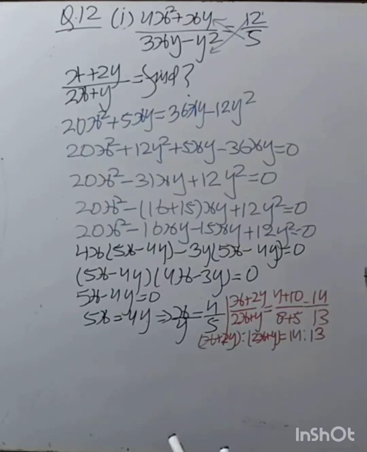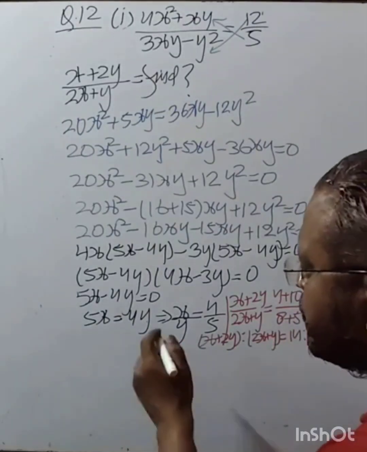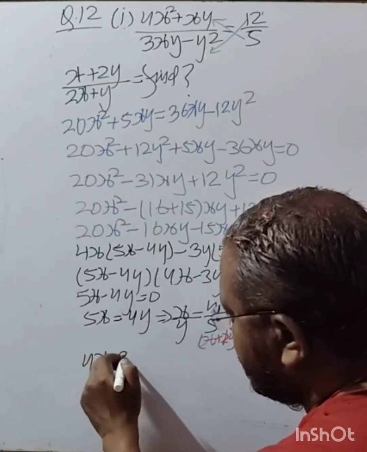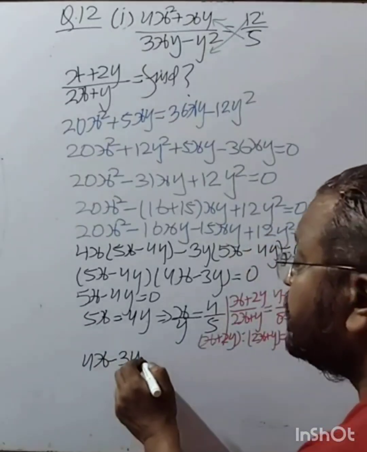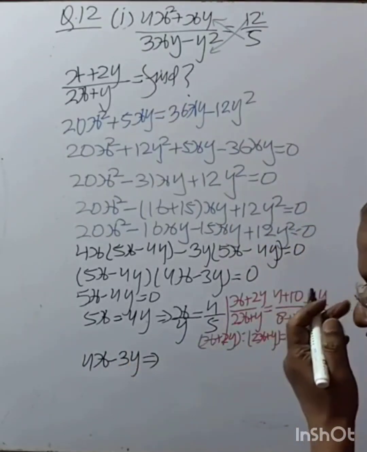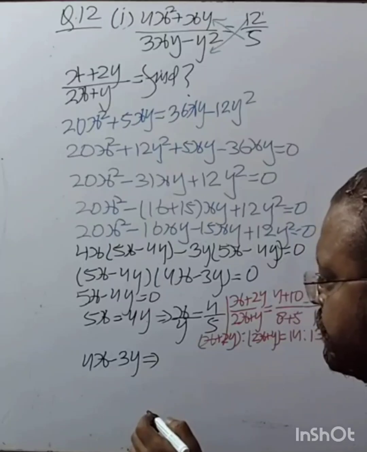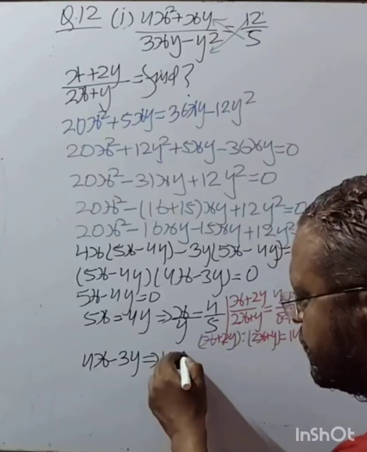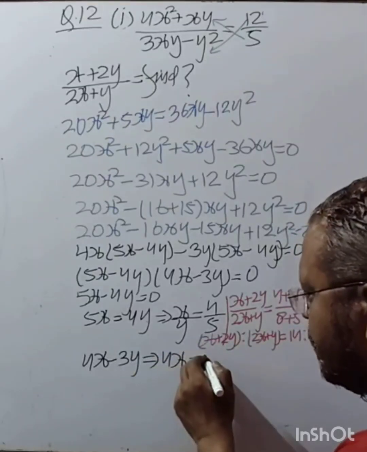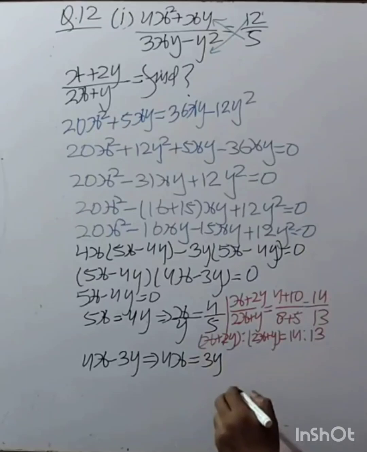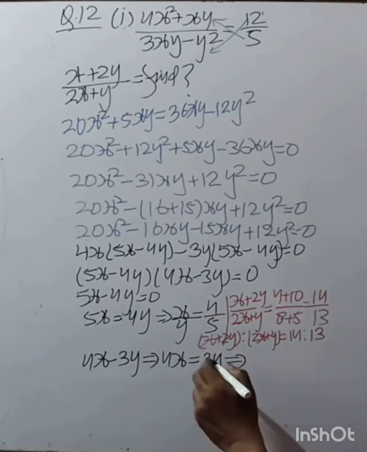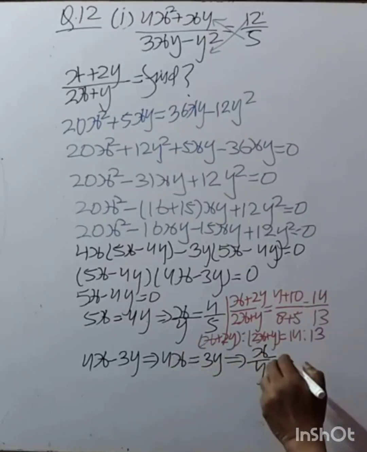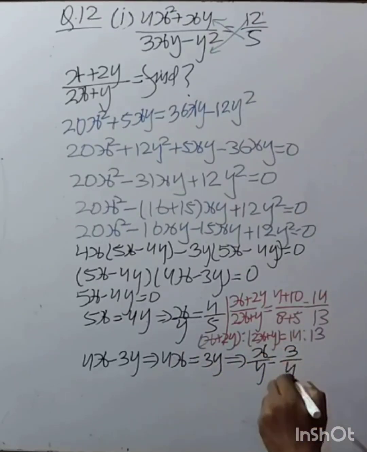Now we have next, 4x minus 3y can be written as 4x is equal to 3y. And you can write it x upon y is equal to 3 upon 4.